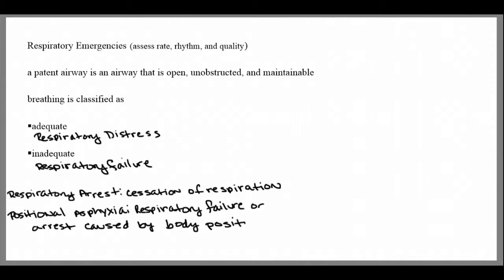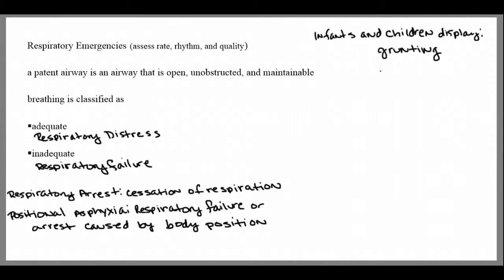Some important signs to note in infants and children with inadequate breathing that are different than in adults are grunting. Children with inadequate breathing may grunt. Seesaw breathing.